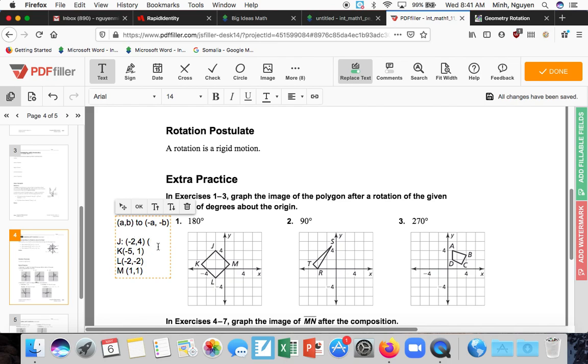And then this will turn into negative A and negative B. So negative 2 turns into positive 2, and positive 4 turns into negative 4. So you literally just follow the negative sign. If A already has a negative sign and this is negative A, then I'm going to have another negative sign. Well, negative 5 is positive 5.